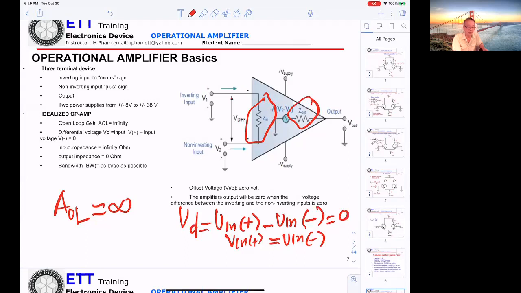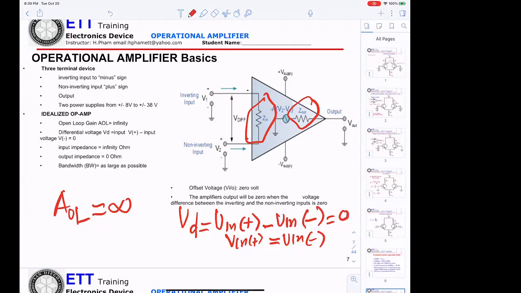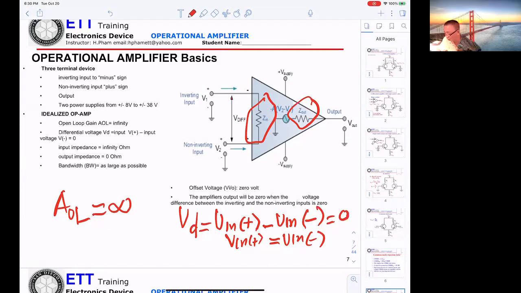They want it to be 0. That only tells you V in at positive will be equal to V in at negative. So, Mr. Pham, let me understand, because I see a gap in there. It says the amplifier output will be 0 when the voltage difference between the inverting and non-inverting input is 0? Yeah, that means if input is 0, output is supposed to be 0.